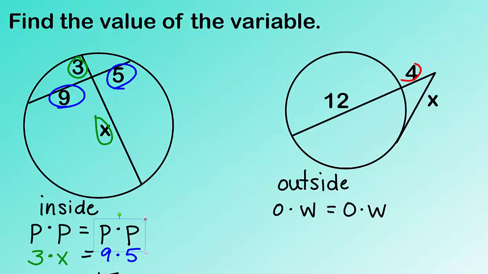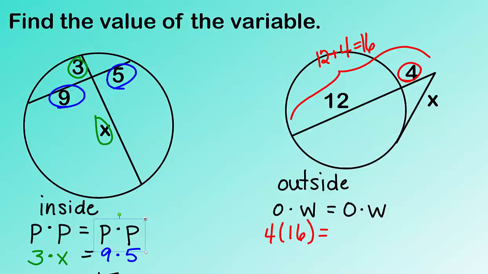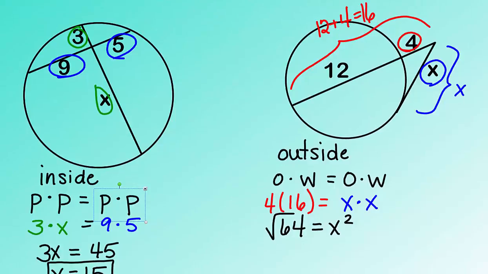So I have outside times whole equals outside times whole. Four times 16 is 64, is equal to x squared, and I have that squared there, so I'm going to take the square root of both sides, and I'll get that 8 is equal to x.